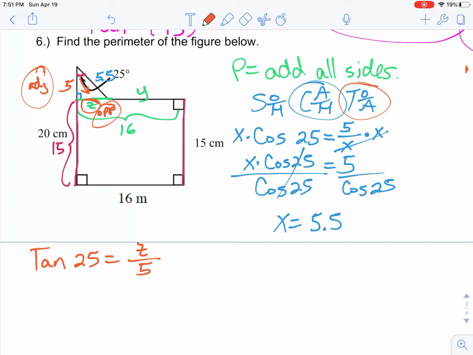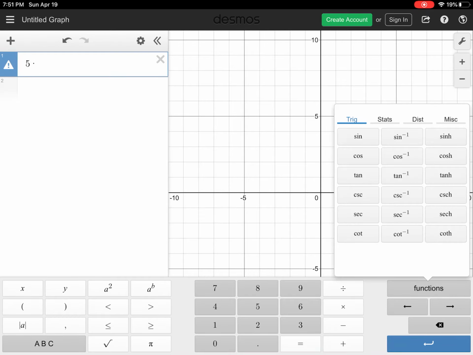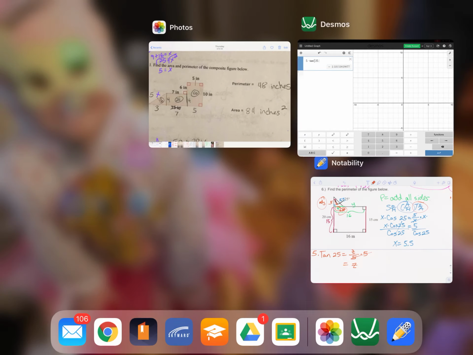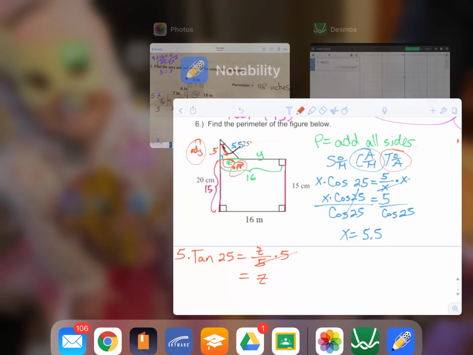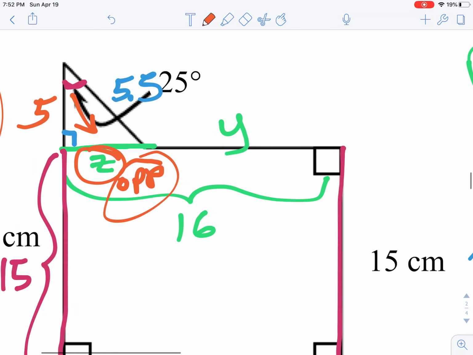So I want to get z by itself, so I'm going to have to undo the division by 5 by multiplying. So z will equal 5 times the tangent of 25. We can go ahead and do that in the calculator. 5 times the tangent of 25, and we'll get about 2.3. We'll round to the nearest tenth, 2.3. So z is 2.3.